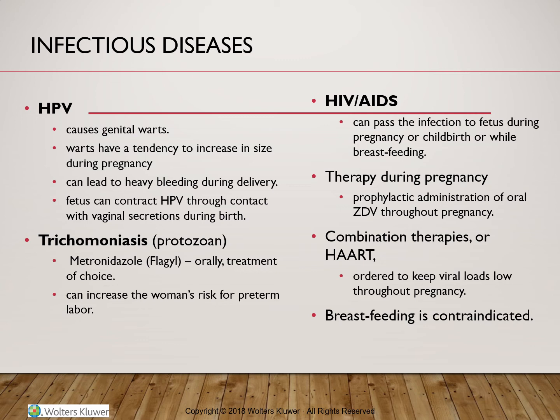The type of birth, vaginal or cesarean section, depends on several factors, including the woman's viral load, length of time membranes have been ruptured, and the gestational age. In terms of treatment, the medication ZDV, the Retrovir, is one of the main medication therapy used.